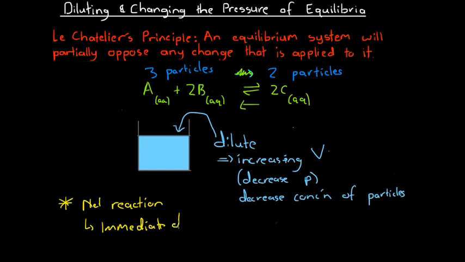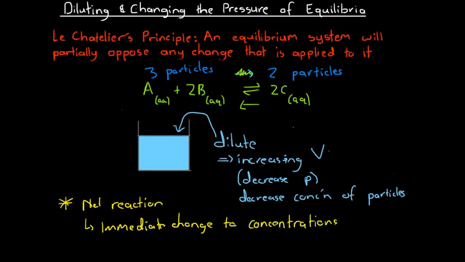So if we dilute this, there will immediately be a drop in the concentrations of all of A, B, and C, and then following that immediate drop, we will see the effects of the equilibrium shift. So we're going to go through an example of how we can do this.